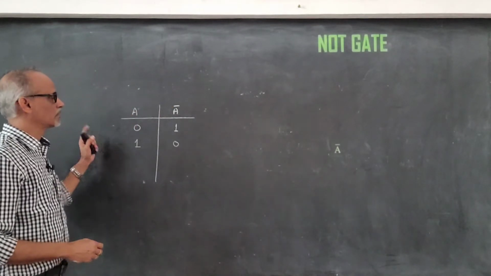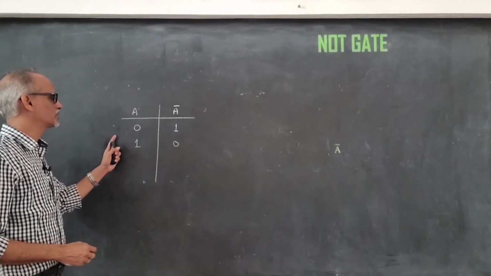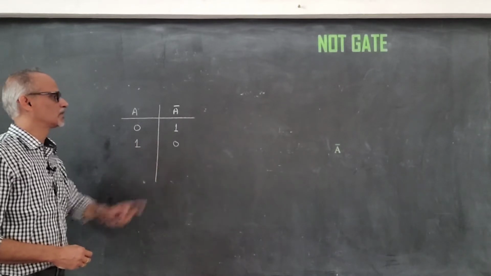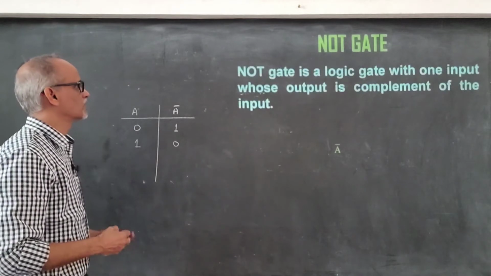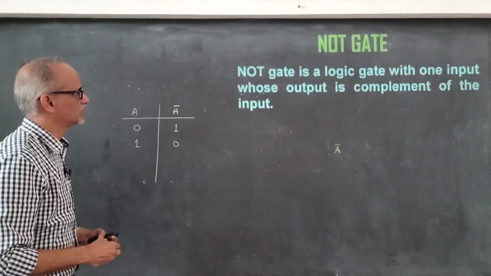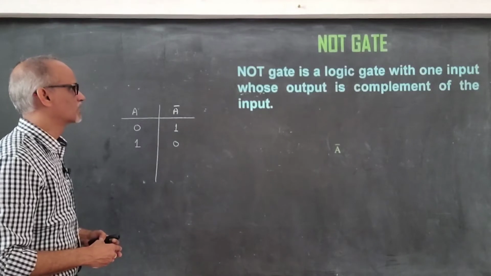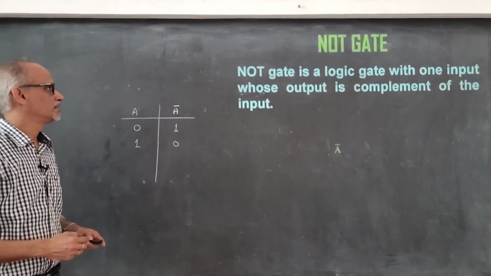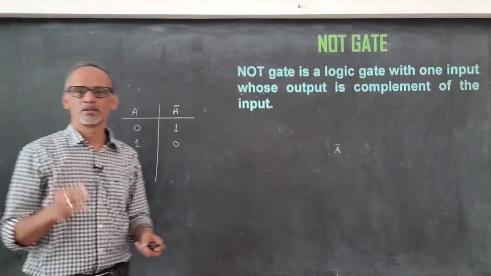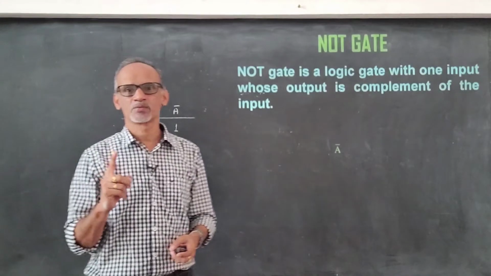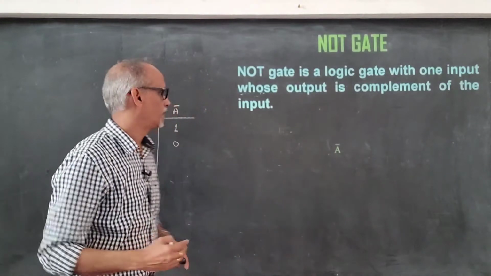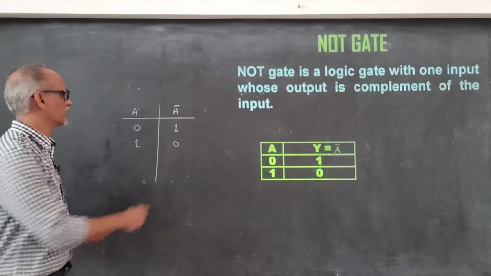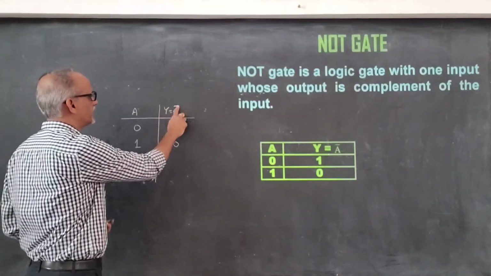So a NOT gate is a single input logic gate whose output is the complement of the input, or it performs a logical inversion. NOT gate is a logic gate with one input whose output is a complement of the input, exactly opposite. It's a single input logic gate, because as I have told you, in a logic gate the minimum number of inputs needed is 1, the maximum can be any number. And this is the truth table for it, and we write y is equal to A inverse.